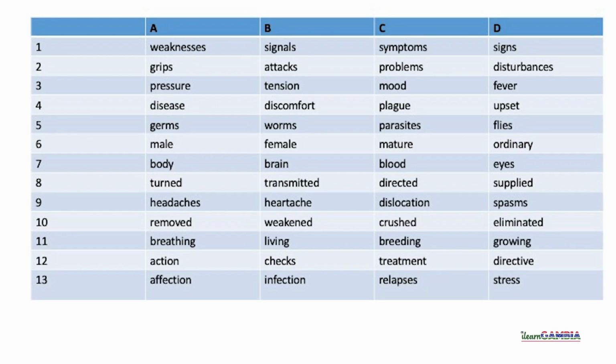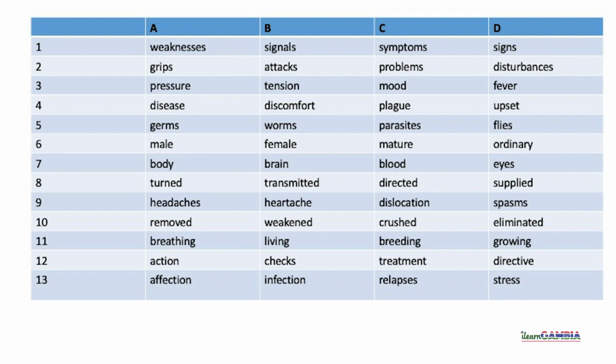All right. Now, these are the options that you should use in order to fill those numbered gaps. So if you want to answer number 1, you either choose weaknesses, signals, symptoms, or signs. Number 2, grips, attacks, problems, disturbances.